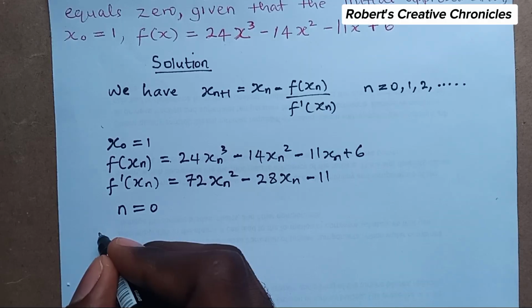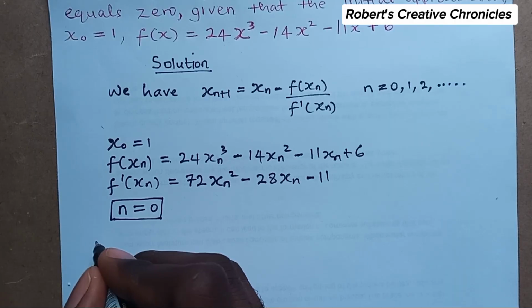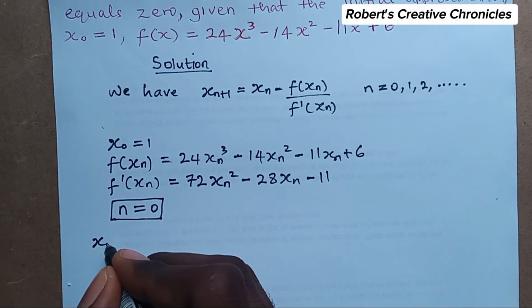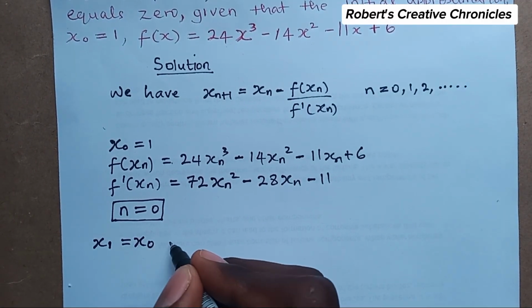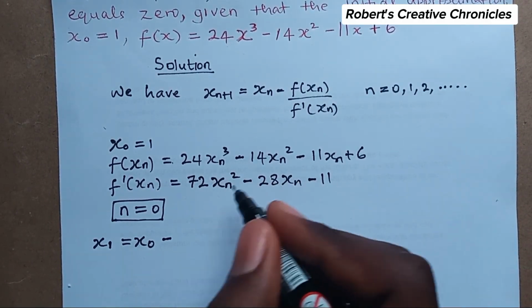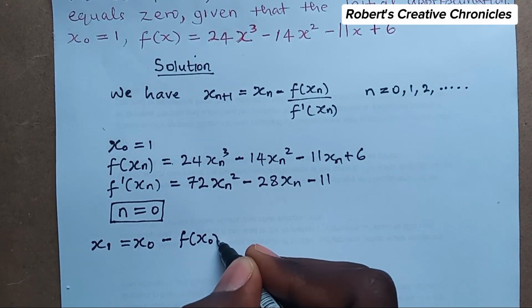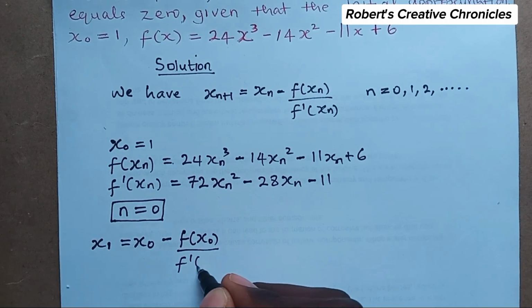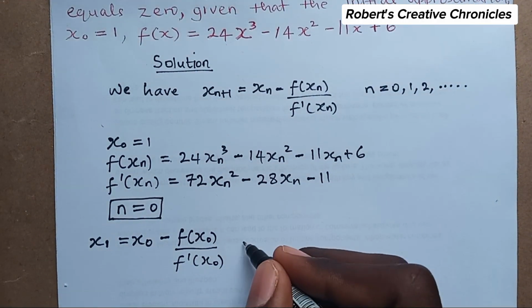So n plus 1, that is 0 plus 1, x1, is equal to x0 minus f of x0 over f prime of x0.